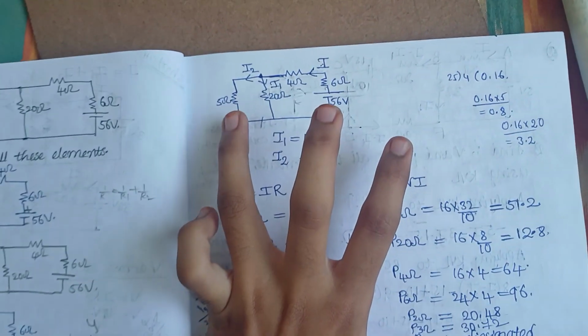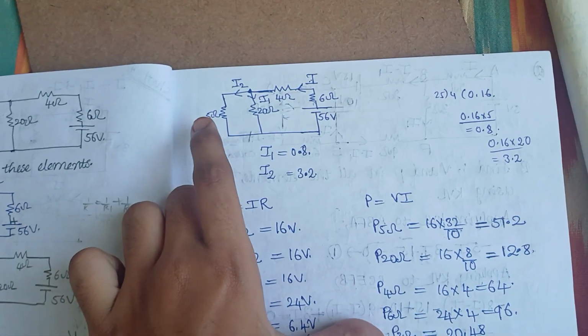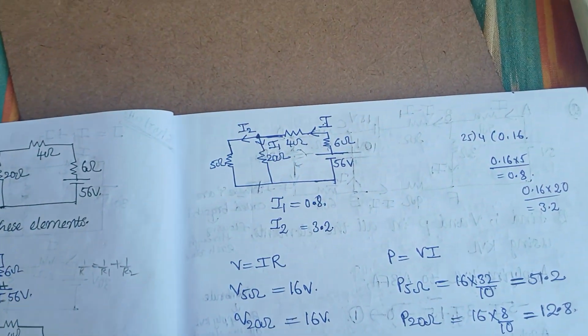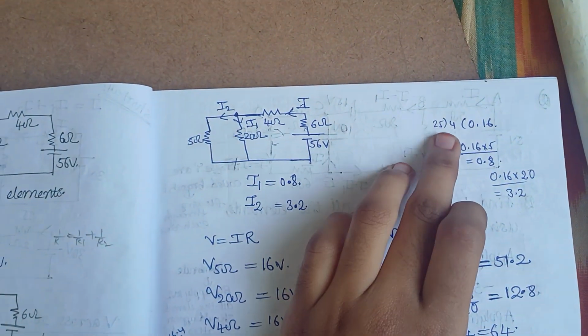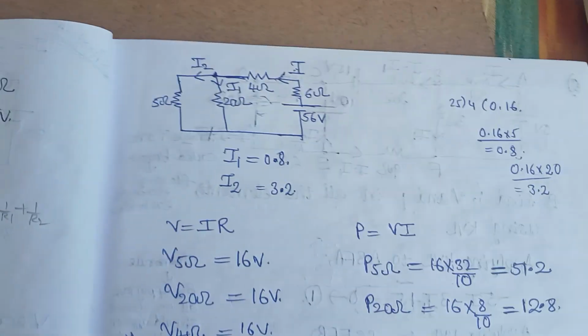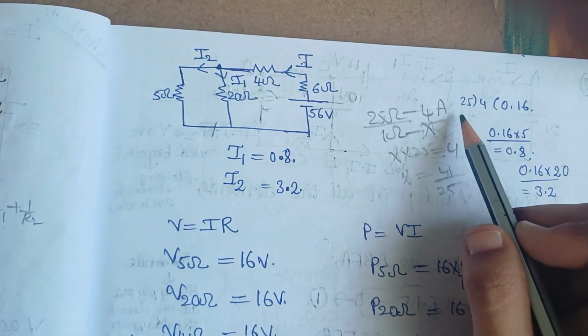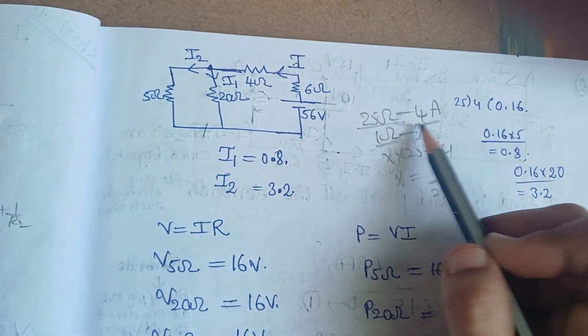See here, as you have 5 ohm and 20 ohm, your entire sum is 5 and 20, which is nothing but 25 ohm, right? So here, as our current is 4 ampere, for 25 ohm we have 4 ampere current. For 1 ohm, let us suppose it to be x, and then cross multiply this.